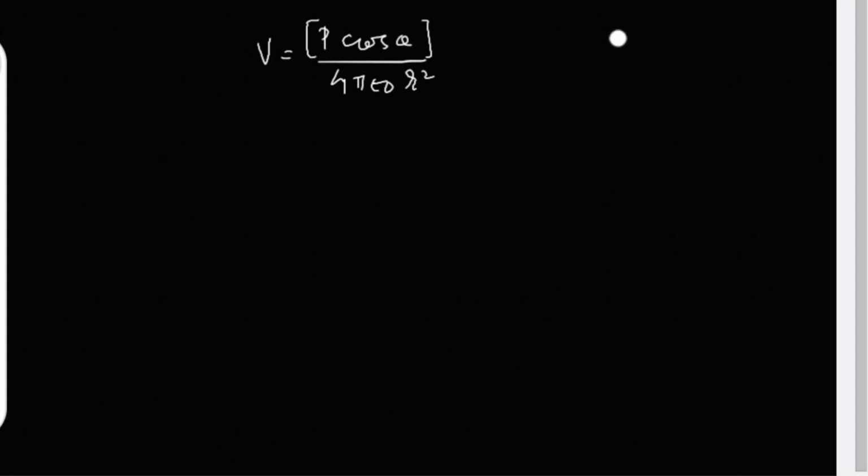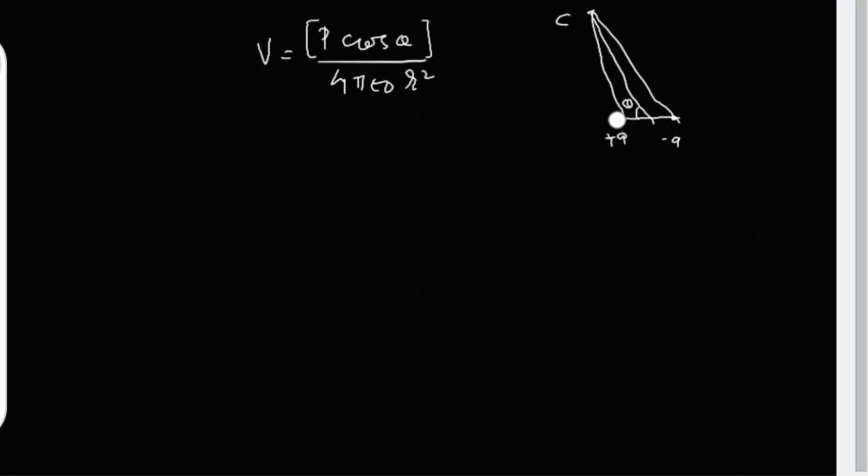Suppose for this consideration I again use the diagram. Let us consider it is a positive charge and a negative charge, so this becomes a dipole. This is the center of the dipole, and these are the two distances from the charges, positive and negative, up to that point C. Here we consider theta.